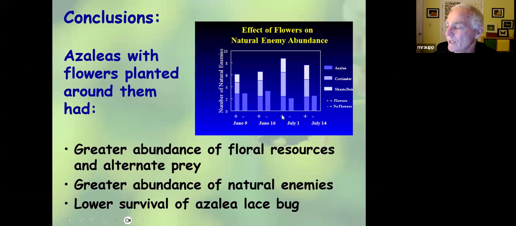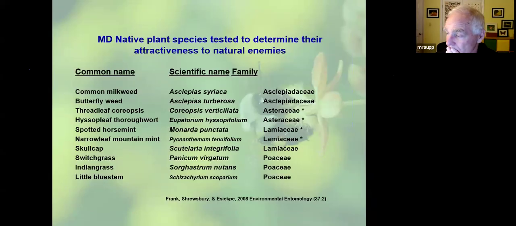So in the plots where we have the flowers, we've quadrupled or doubled or tripled the number of beneficial natural enemies simply by adding flower plants. And that lowers the density of those pest lace bugs because now there are predators there to eat the lace bugs.